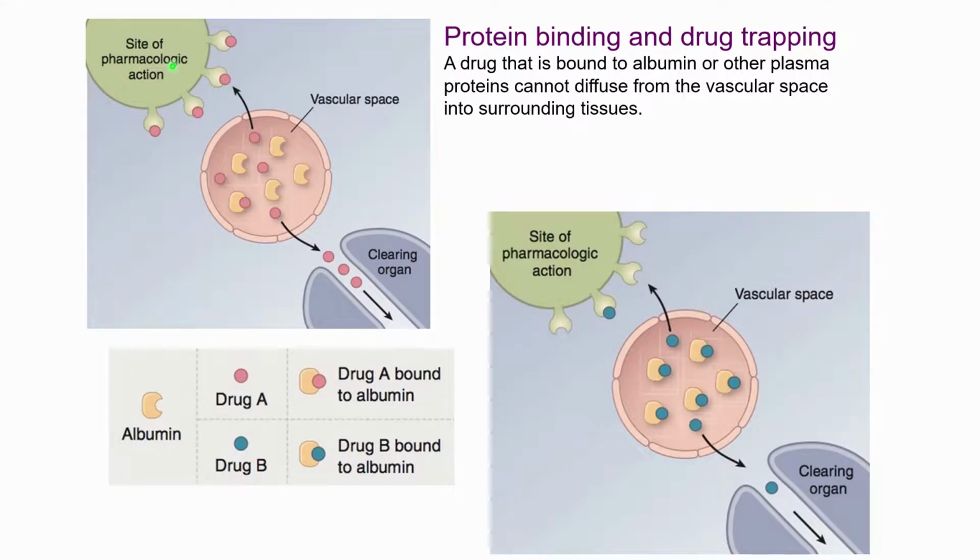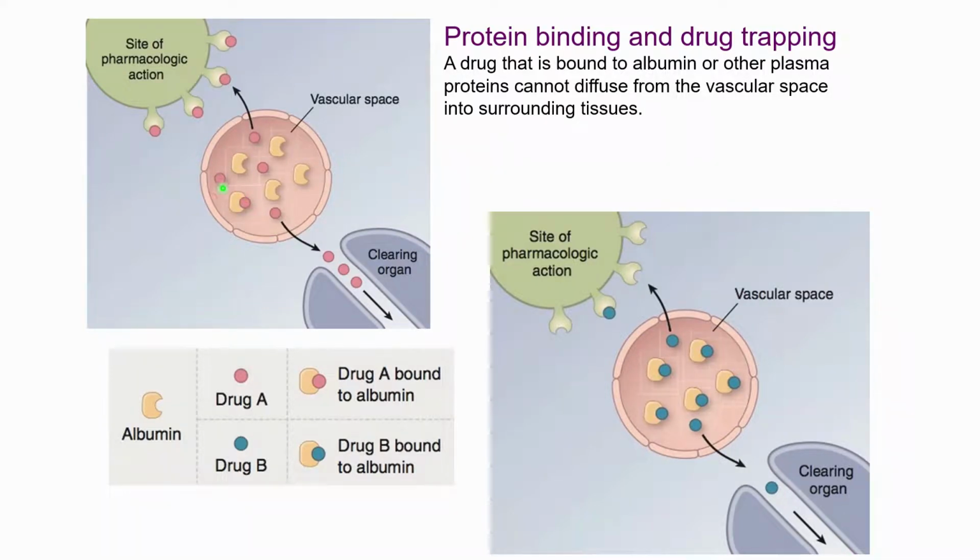Now, even when drug is in the bloodstream, it can be bound to protein. When drug B, as you can see, is completely bound to protein, it sits in the blood, cannot reach the site of pharmacological action, just a small fraction will reach, and can be cleared out.